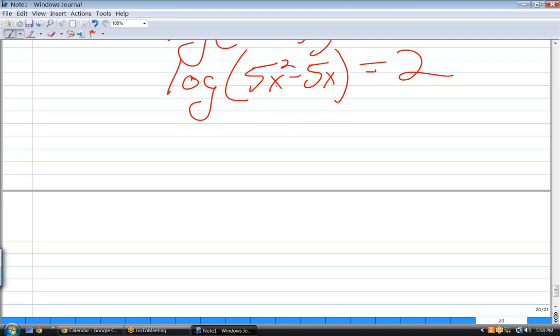What's the exponential expression? 5x squared minus 5x equals 10 to the second power. So 5x squared minus 5x equals 100. That's 10 to the second power. What next?